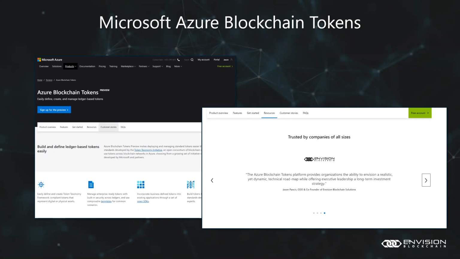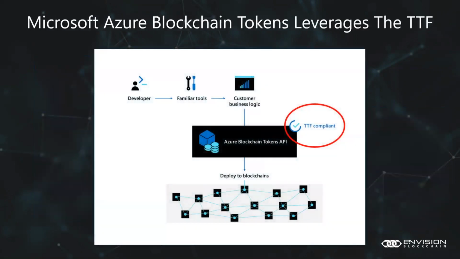At this point, it's a gated preview, where Microsoft created this infrastructure called Microsoft Azure Blockchain Tokens, a blockchain tokens infrastructure, which literally pulls token templates from the TTF, so that we're using the same token templates to deploy within the Azure infrastructure that will allow multiple different ledgers to run in a specific instance.